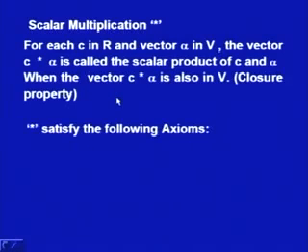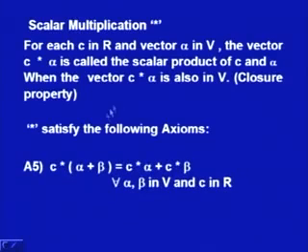It has to satisfy other axioms, we call this one A5. It means C star alpha plus beta is equal to C star alpha plus C star beta for given alpha, beta in V and C in R. By this I mean that you add alpha plus beta, two vectors, and then multiply by the scalar C. This amounts to the same thing as if we had multiplied alpha with C and beta with C, and then added the two vectors.